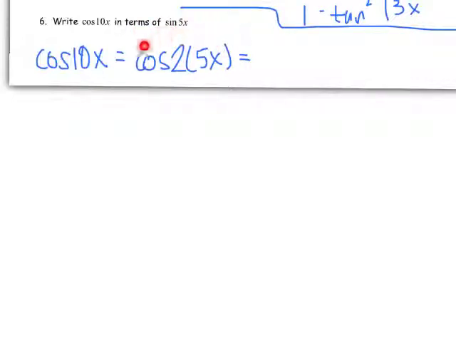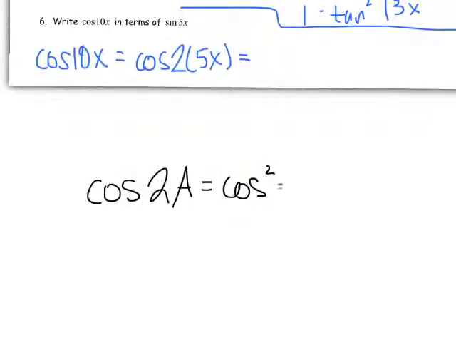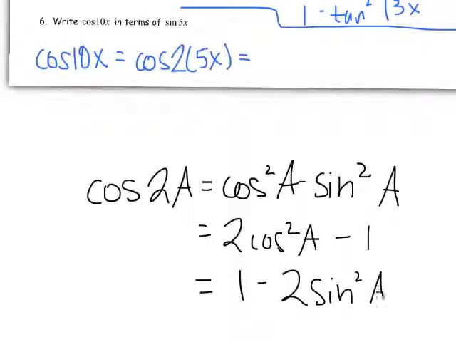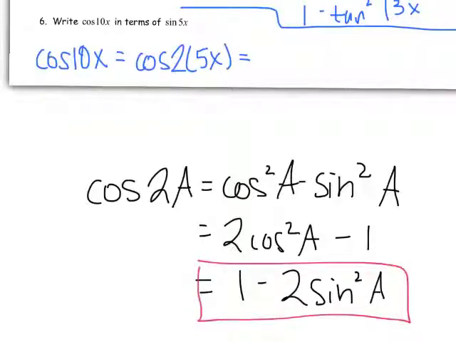When you look at your double angle, cosine of 2a is equal to cosine squared a minus sine squared a, or 2 cosine squared a minus 1, or 1 minus 2 sine squared a. Which one of these identities only has sine? Well, that's this last one, so this is the one I'm going to write.